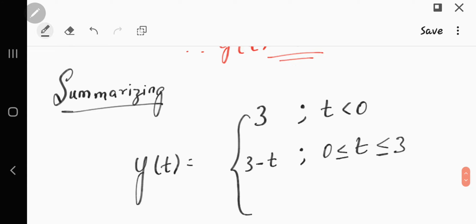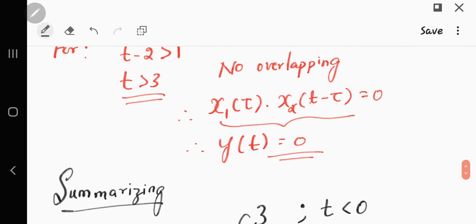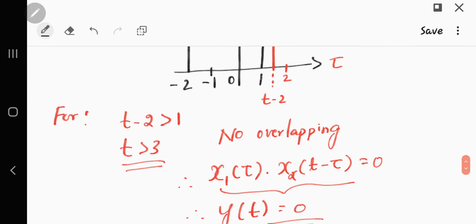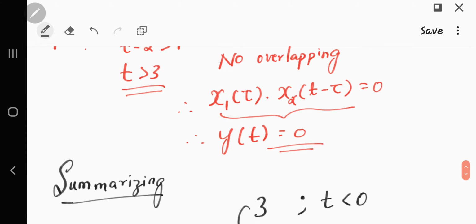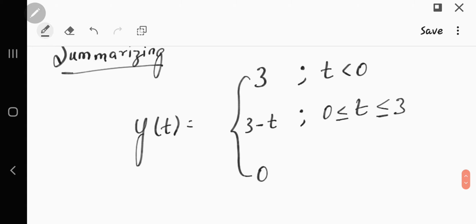For this particular duration, y of t is 3 minus t. Coming to the last case, that is t greater than 3, no overlapping occurs, so y of t will become 0. So y of t is 0 for values of t greater than 3. So this is the final answer.